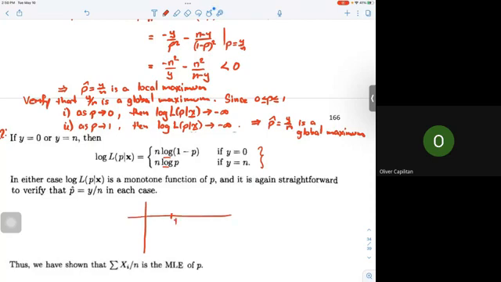Okay, yan yung graph natin. It's either of the two. So when y is equal to 0, then we have n log of 1 minus p. So from this interval, kasi yung p, nandito lang sa interval natin. 0 to 1 naman siya.